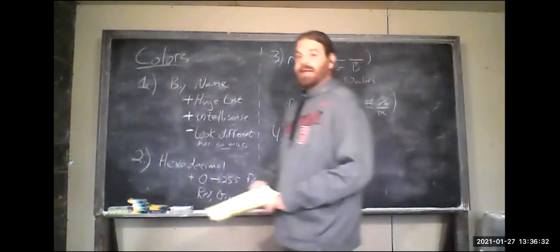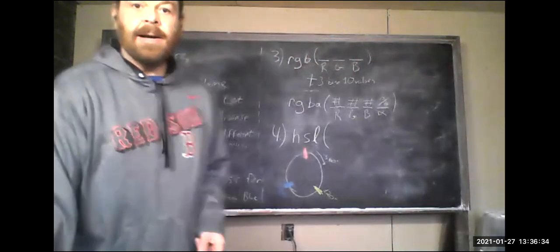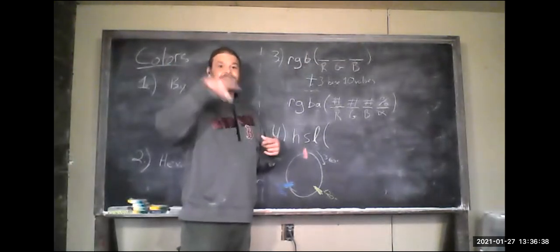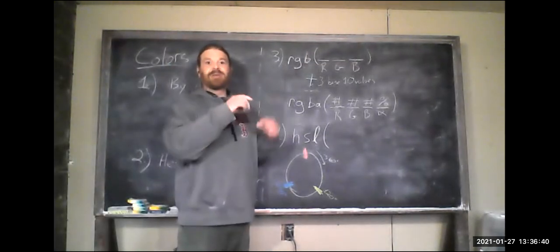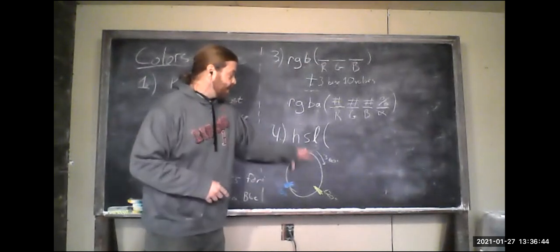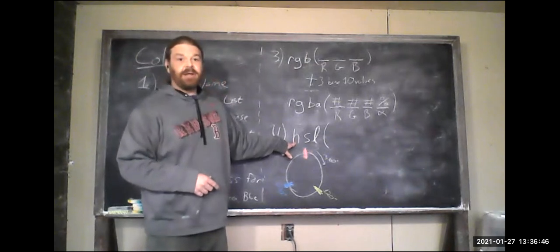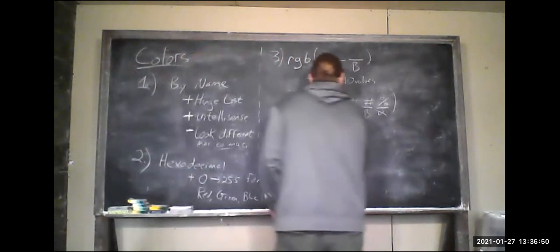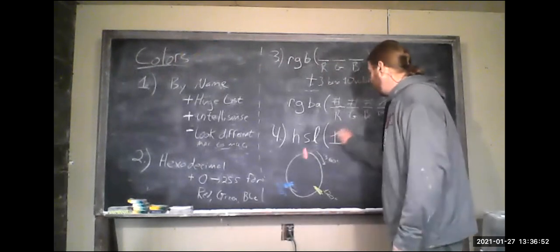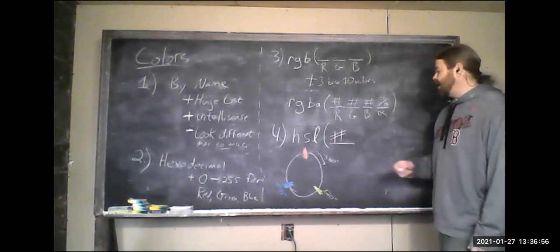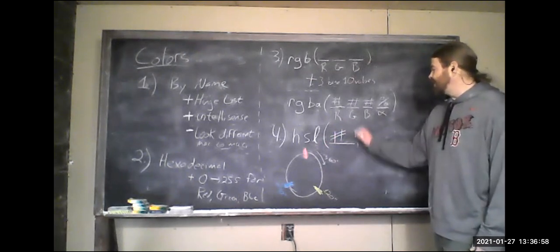You all have probably seen color pickers that look like that, right? Where it's a circle, and there's usually circles and triangles overlaid, and you go around to pick the shade. That's based off this part. That's the hue. The first number is going to be a number between 0 and 359, or between 0 and 360.